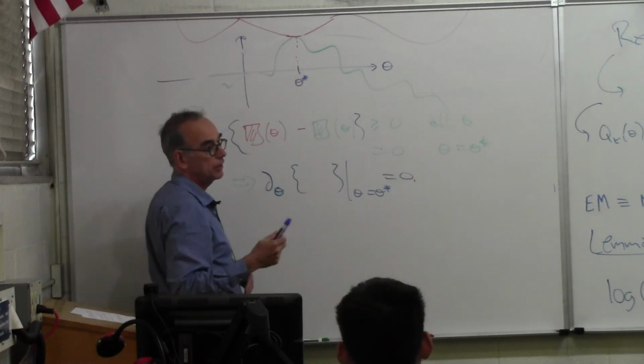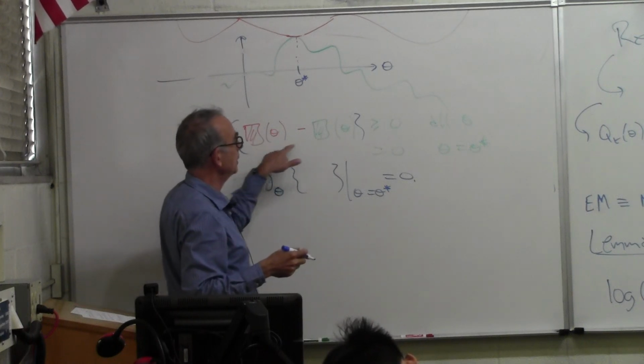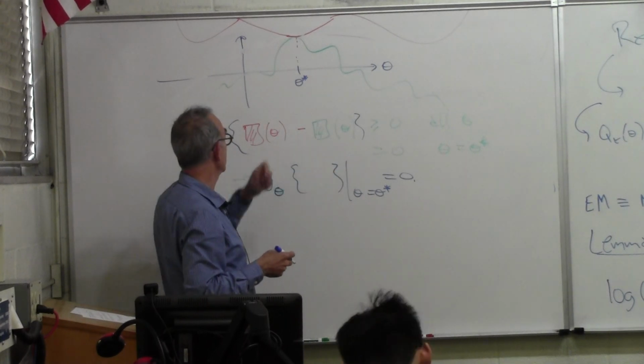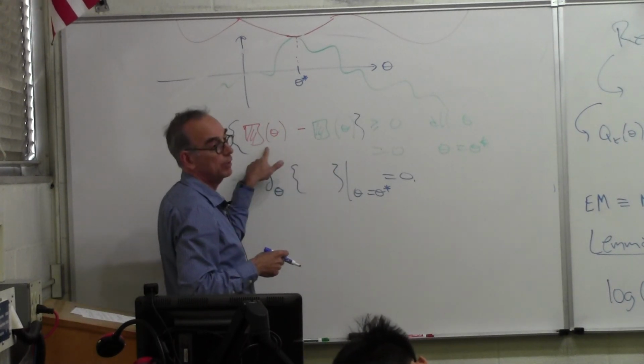So one, as you said, take the difference, and it has a global minimizer when theta equals theta star. So the gradient of the difference is equal to 0.